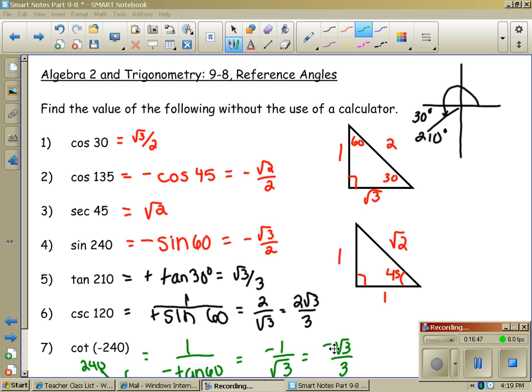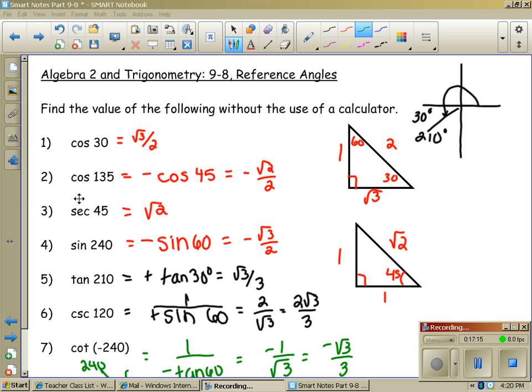So what are our steps to finding these values without a calculator, and why shouldn't I use a calculator? If you get an answer like 1/2, the calculator's fine. But these all have radicals in them, and when you're looking for exact values, you can't use the calculator. So you're going to ask yourself, what's my reference angle? What quadrant am I in?